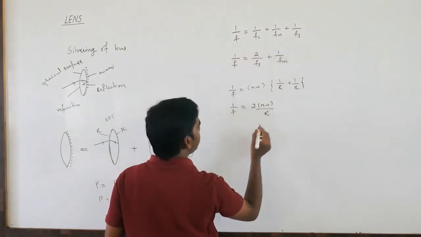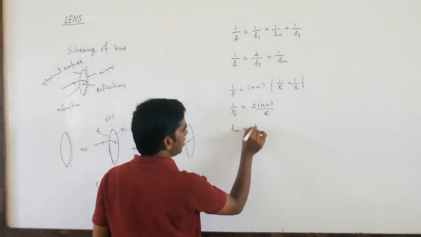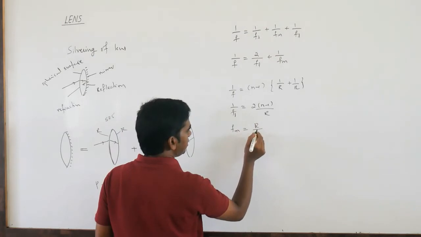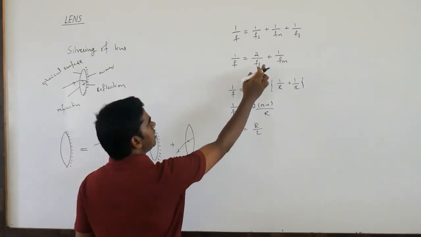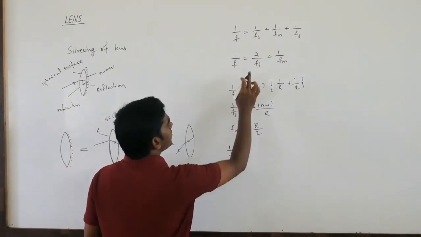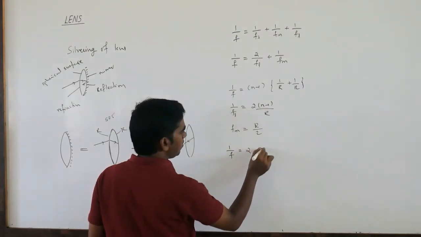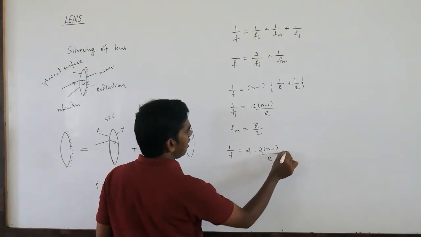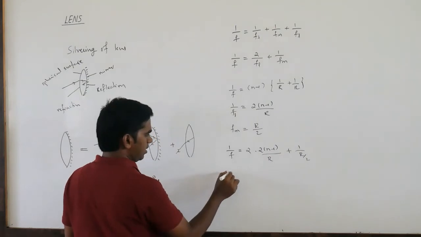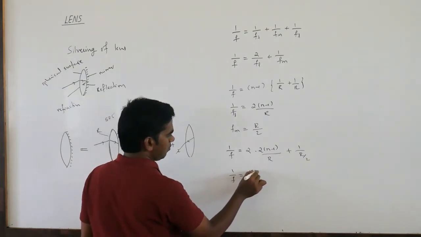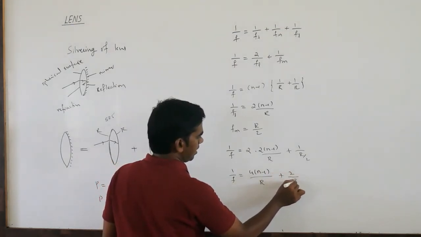What about the focal length of mirror? Focal length of mirror is simple, half of the radius of curvature. Just substitute here. So 1 by f equals 2 times 2 into (n minus 1) divided by r plus 1 divided by (r by 2). So 1 by f equals 4(n minus 1) divided by r plus 2 divided by r.